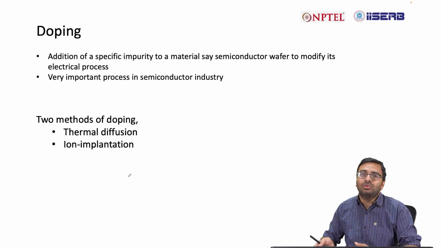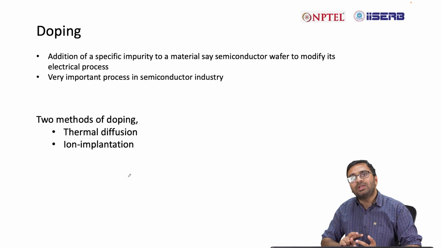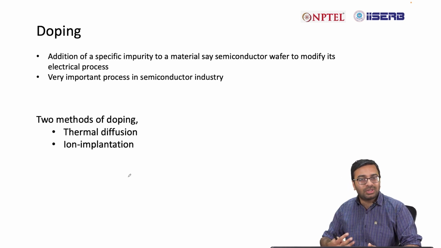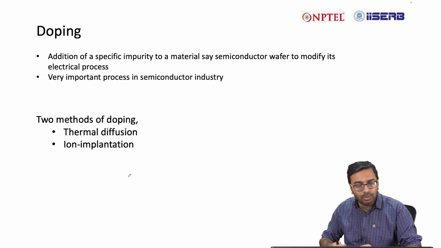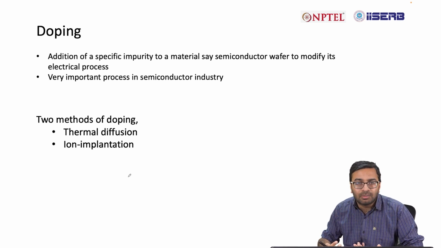So the idea is to insert impurity into the material so that you can change some property of that material. It mostly is the electrical properties. Sometimes the doping may also change mechanical properties.